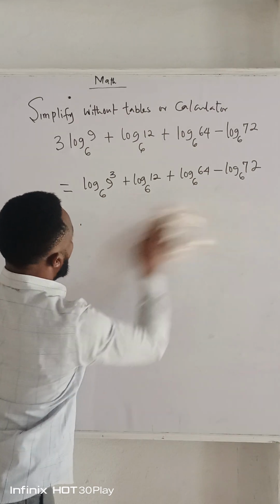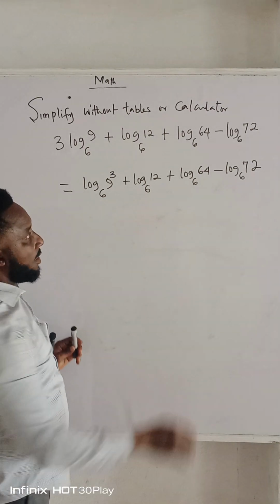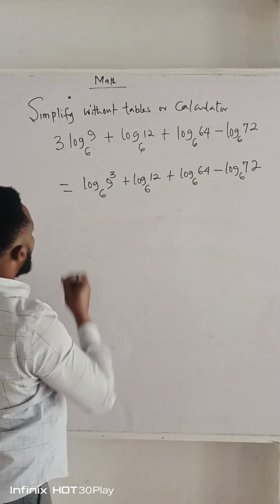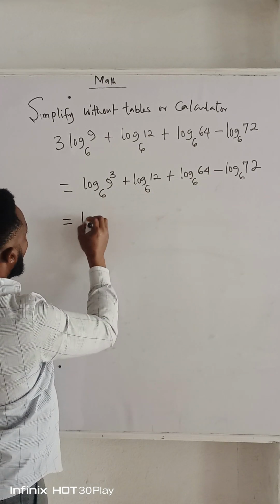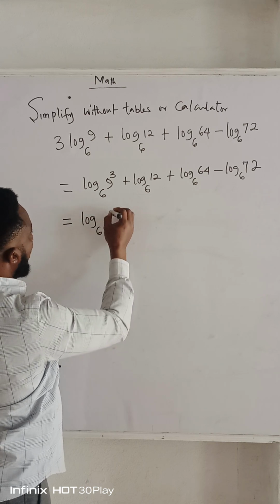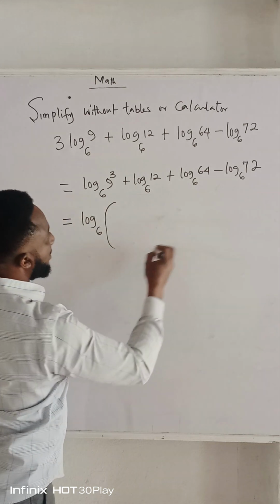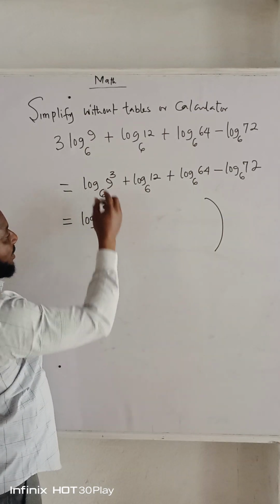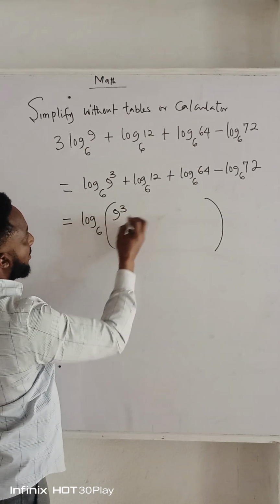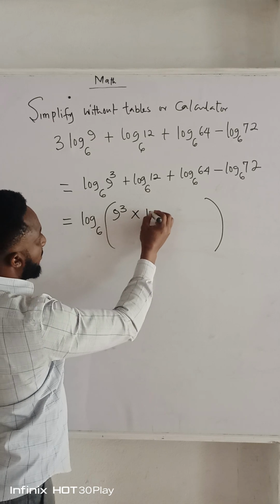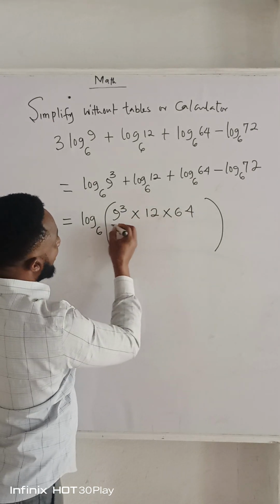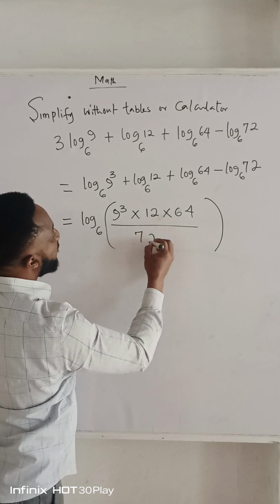Now, the minus here, from what I just said, is the division. So what we are going to do is open a big parenthesis. So what we are going to be having is 9 to the power of 3 times 12 times 64 divided by 72.